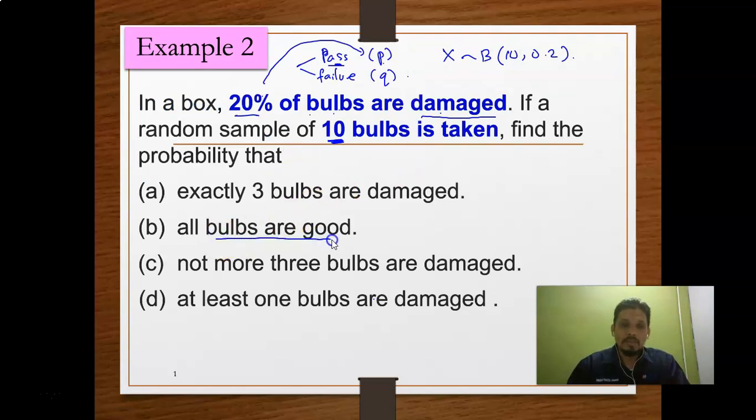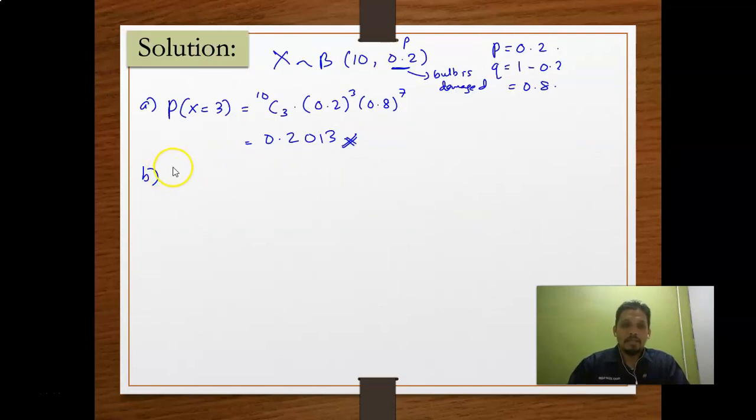All bulbs are good, meaning the damaged equal to 0. So we come up with probability of X equal to 0, then 10C0, 0.2 to the power of 0, 0.8 to the power of 10.